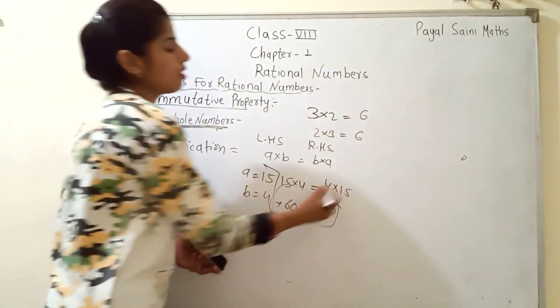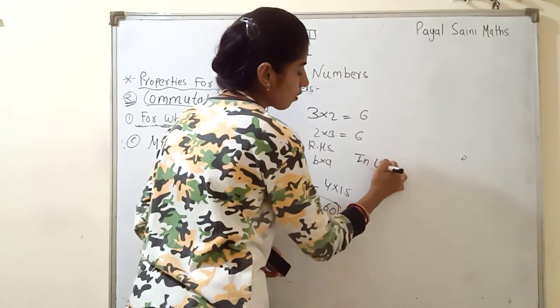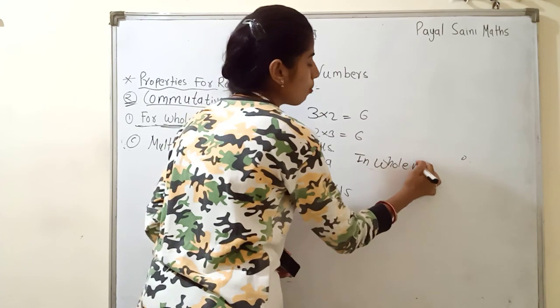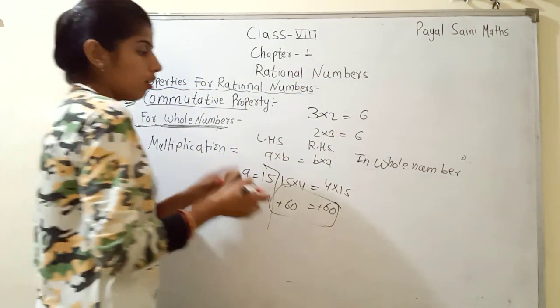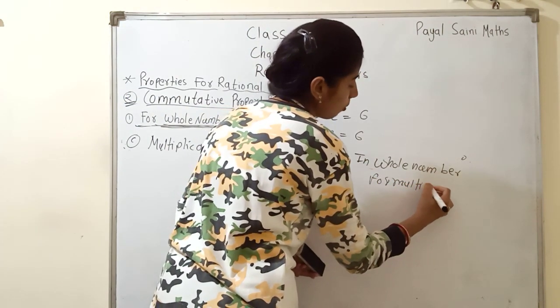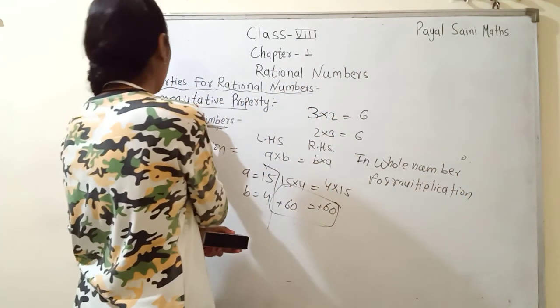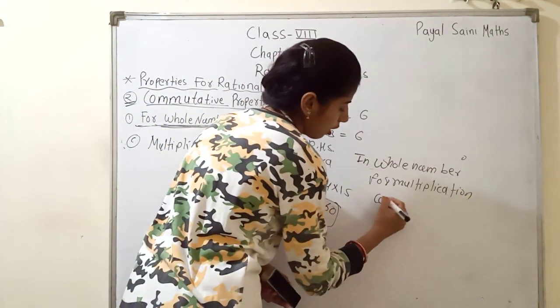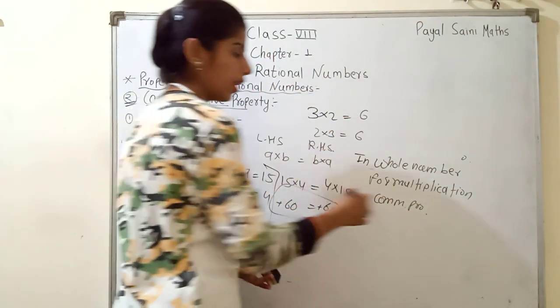We can say in whole numbers for multiplication commutative property is verified.